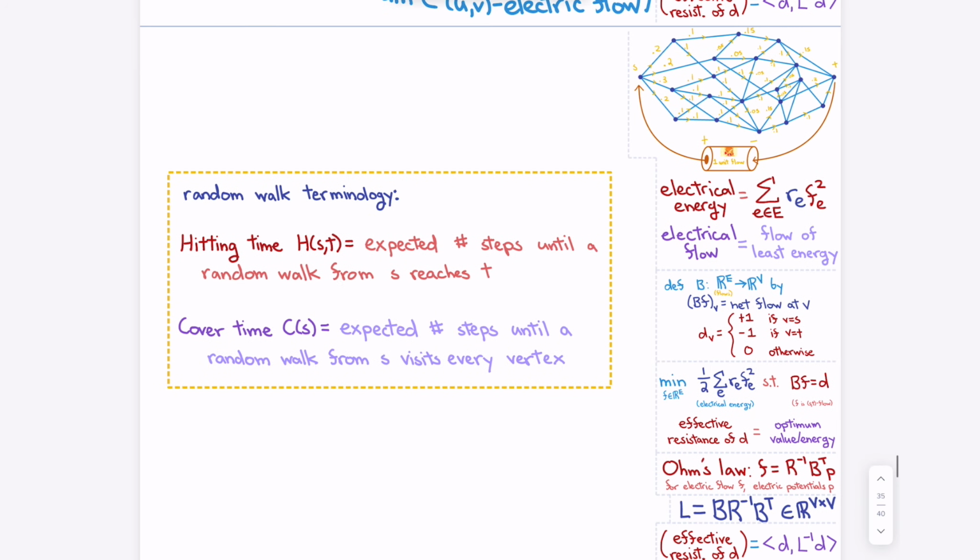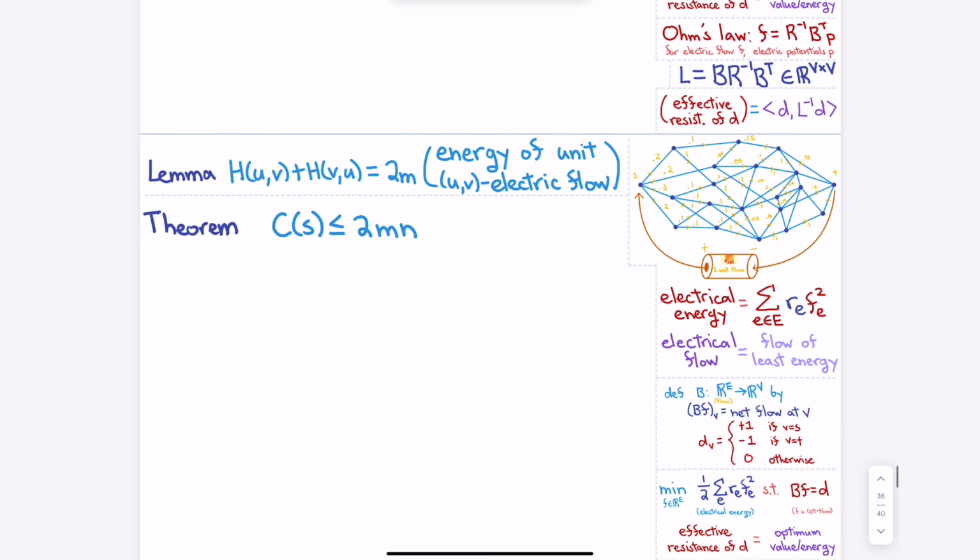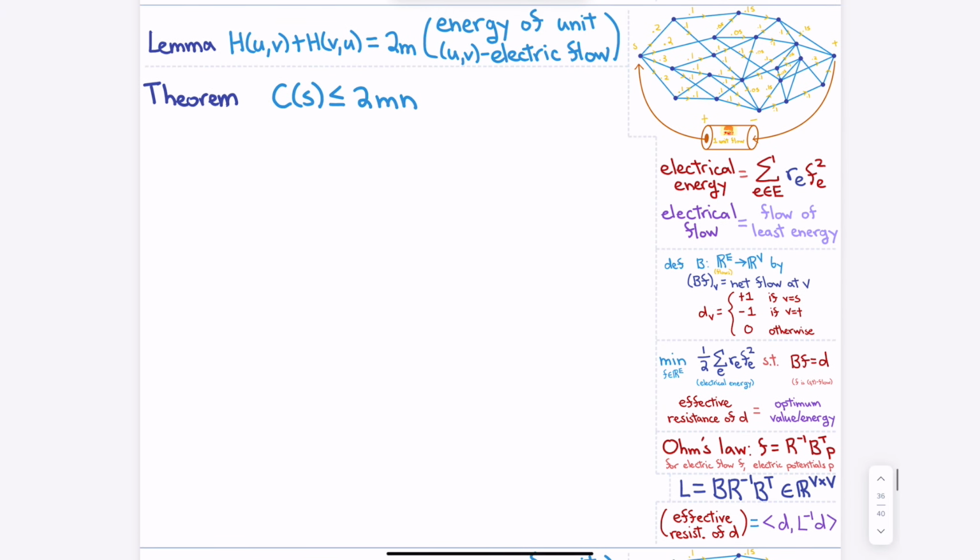Okay, good. Now, you might be able to guess this. I want to prove, finally, using that amazing, insane connection, that the cover time from a particular vertex is at most 2mn.